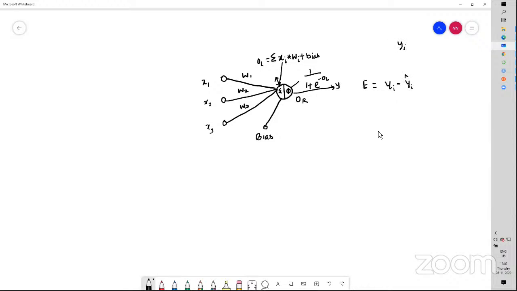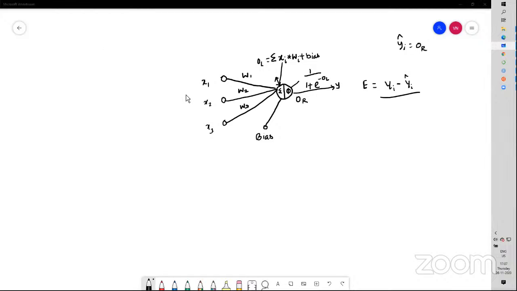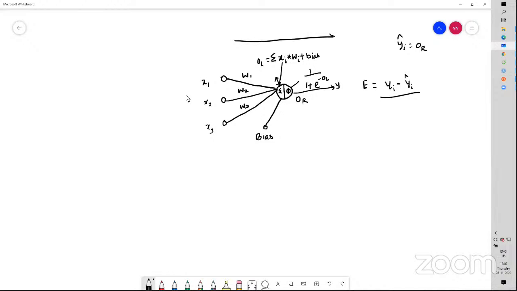Your yi hat is nothing but the output of the activation function, which is OR. So this is the error part. What we have discussed is the feed forward, also called the forward prop. Later, after the first iteration, we realize what the error is, and to reduce our error, we have to do the back prop.